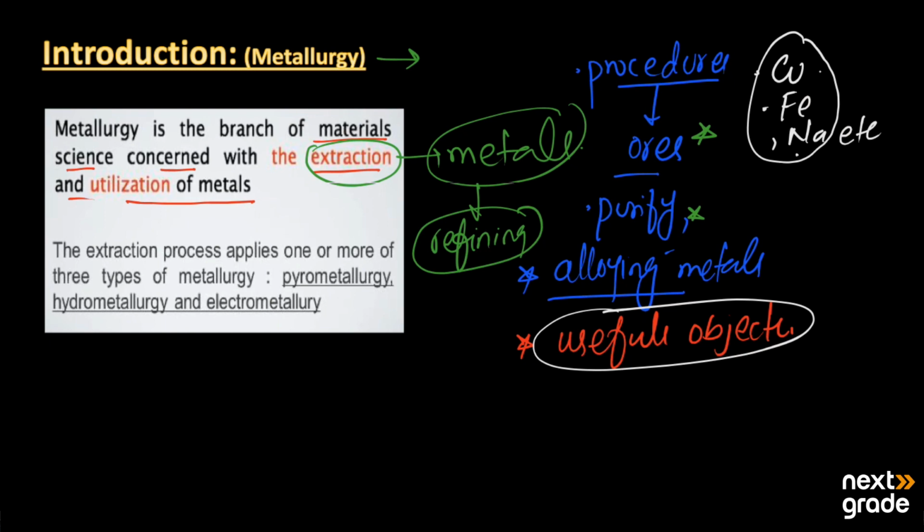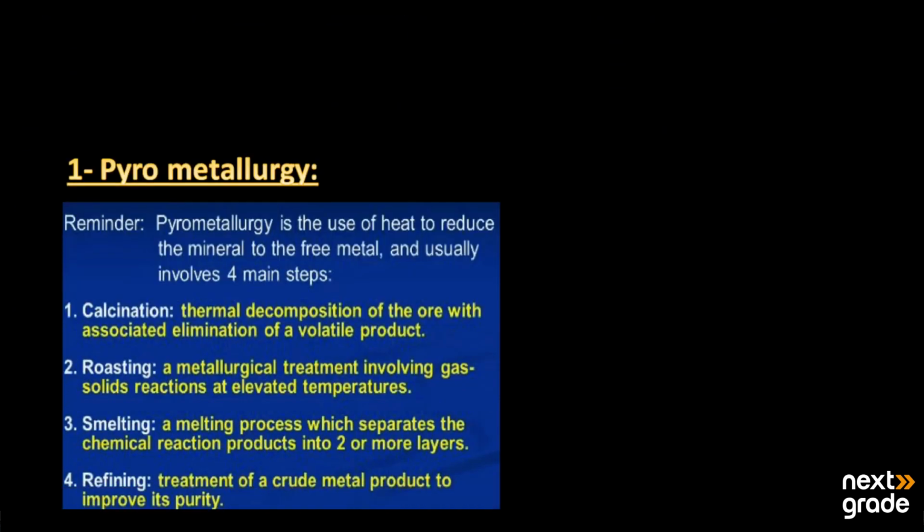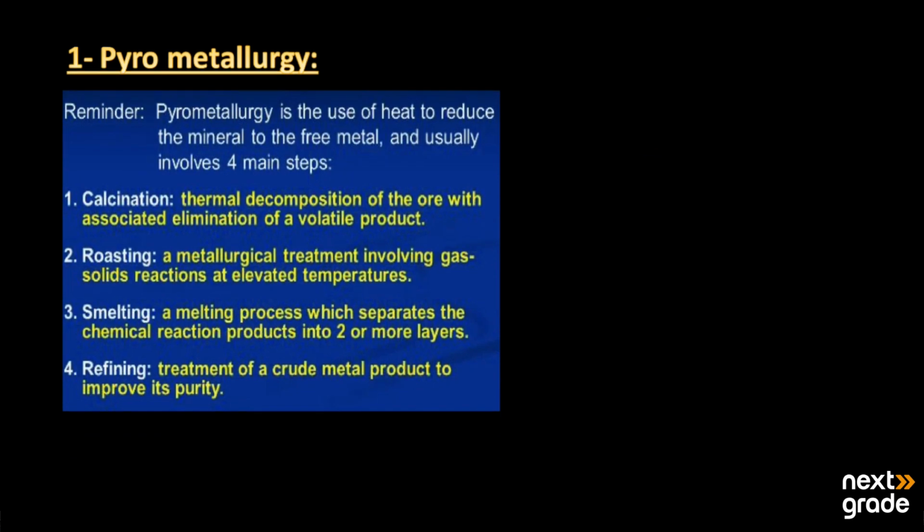And here we have the types of extractions. The extraction process applies one or more of three types of metallurgy. The first method is pyrometallurgy, the second is hydrometallurgy, and the third is electrometallurgy. Let's discuss these three methods one by one. The first one is pyrometallurgy.